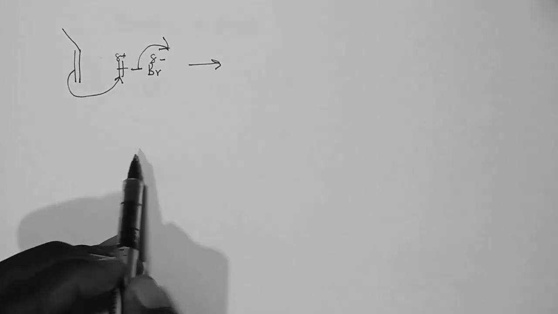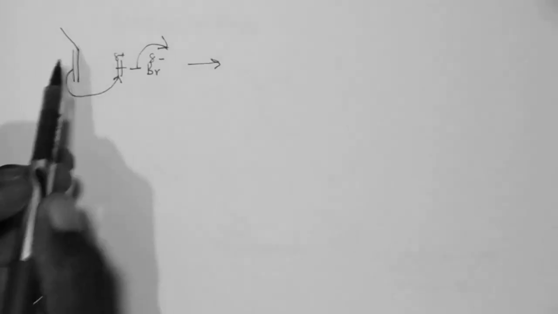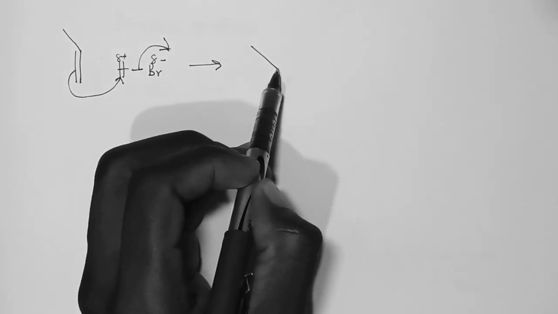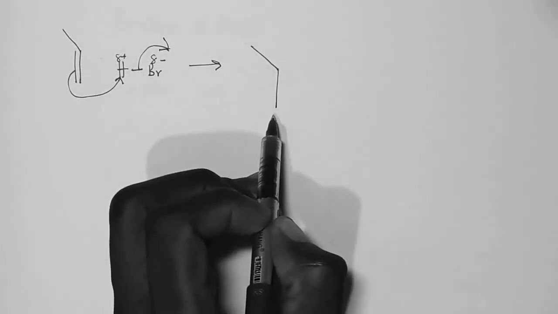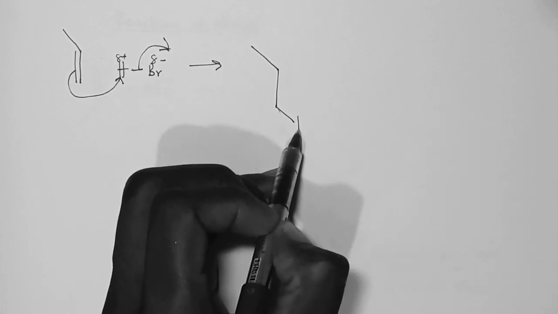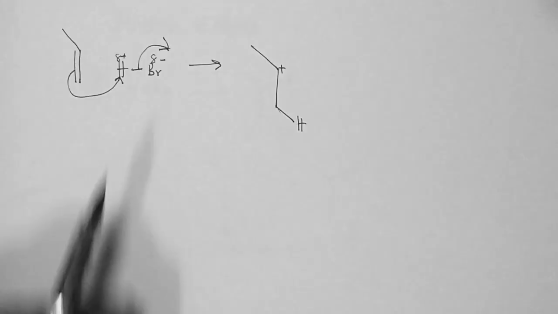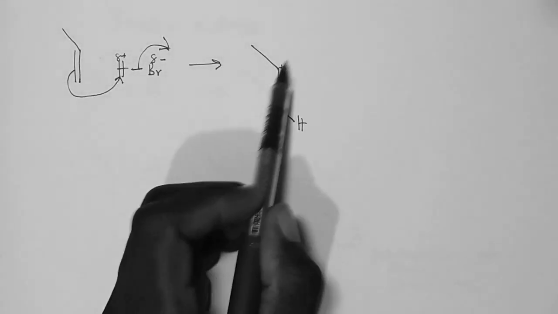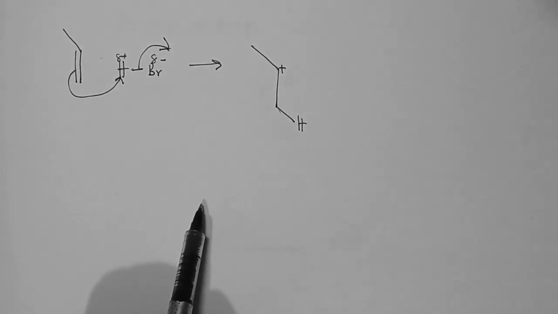In the next step, we'll create an intermediate, which is a secondary carbocation. So the proton is here, and we create this carbocation intermediate.